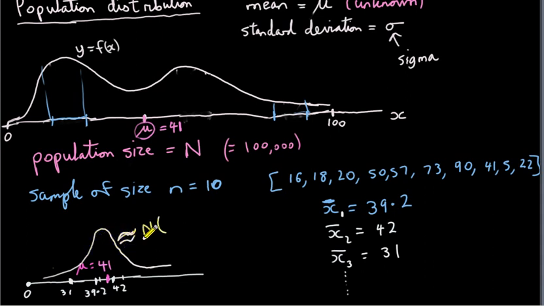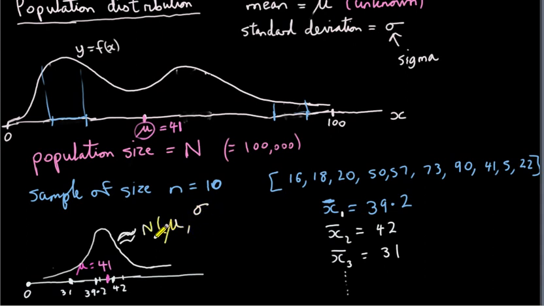Approximately a normal distribution with mean equal to the unknown mean mu, which in this case I'm just saying is 41, and a standard deviation that's actually smaller than the standard deviation of our population. That is given by the population standard deviation, sigma, which is usually not known either, because we need the mean to calculate the standard deviation.